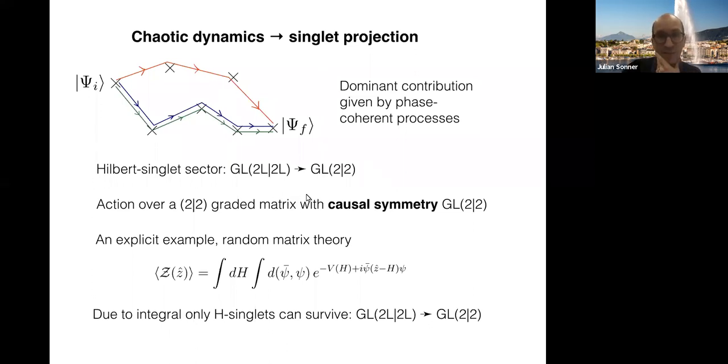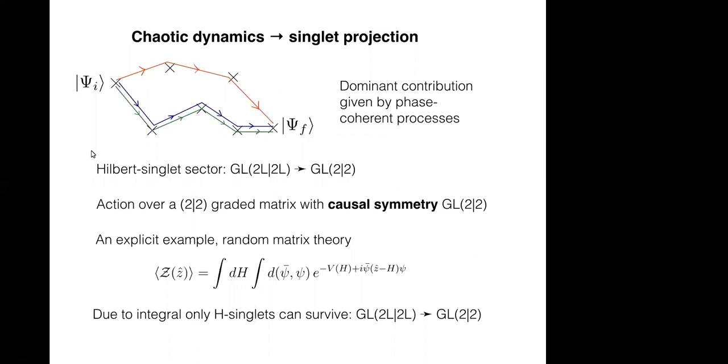And so I actually have to go to the sector which is a singlet under these L indices. And the remaining part of the symmetry group is just a GL(2|2) symmetry, okay? And this GL(2|2) symmetry is precisely what we call the causal symmetry. Now, how do we understand this singlet projection here?